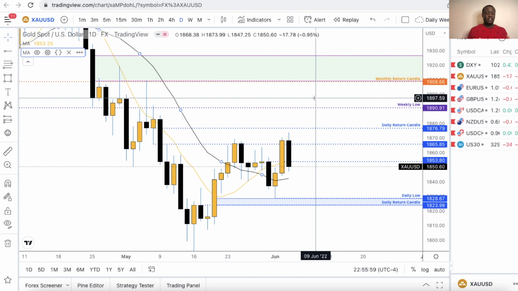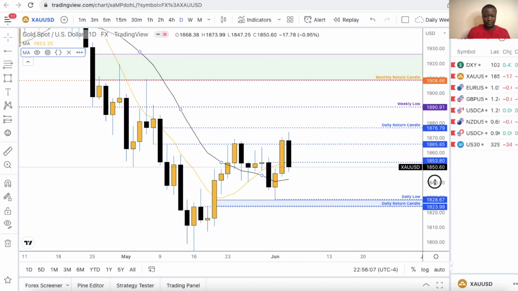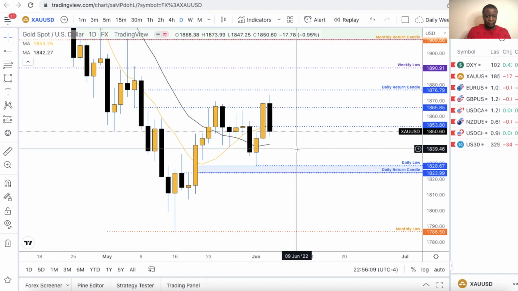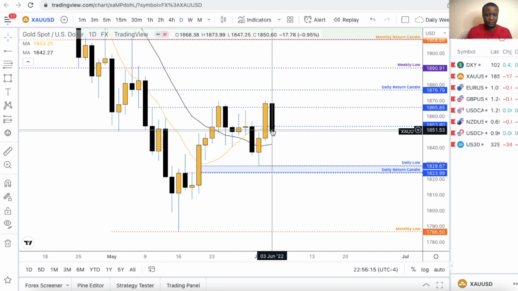All right, so for day trading now, we're getting into the meat of this, step by step, to know which level it's going to be potentially trading to.